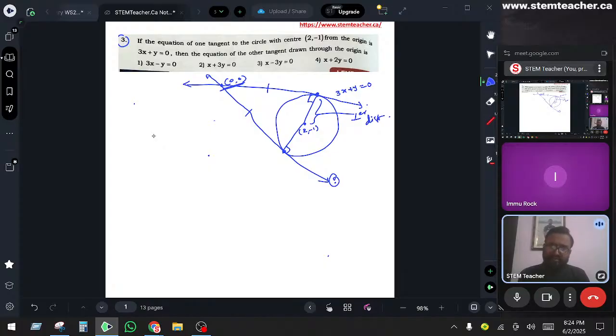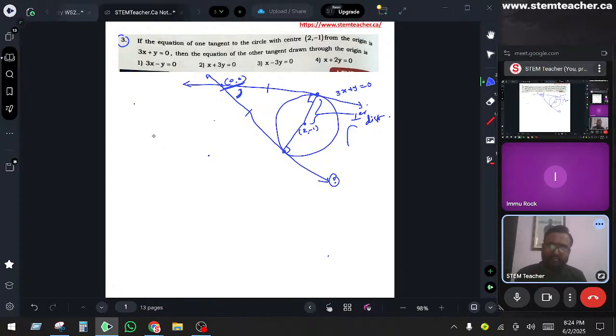We didn't see this kind of problem previously. Slopes we can't say. We will have the angle, so there is no relation. They are intersecting lines. They are intersecting lines at the origin. All four lines intersect at the origin. And the radius we got it.